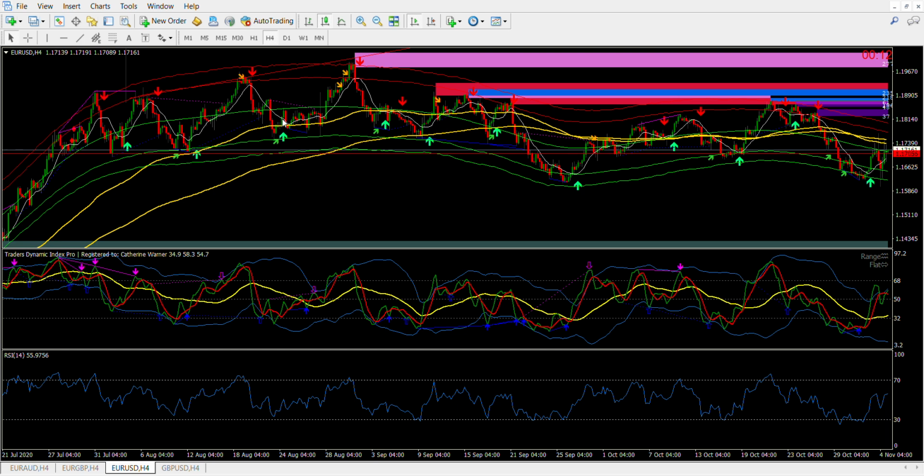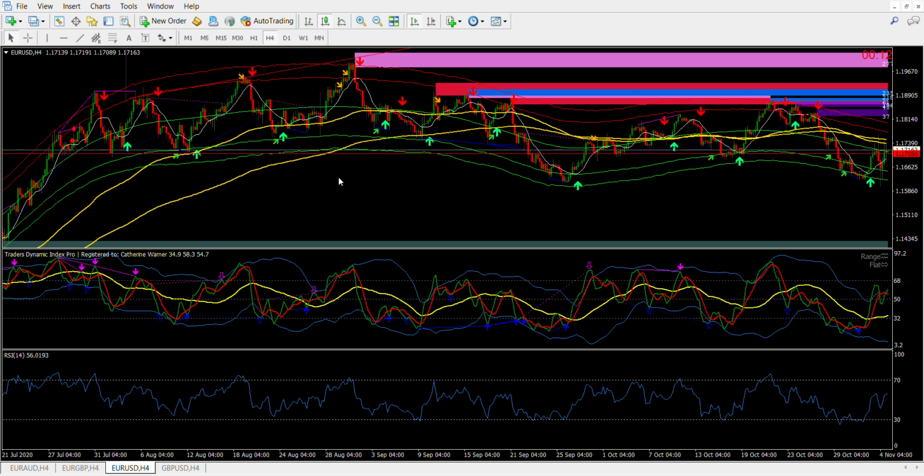For example, we have this signal here which satisfies our three conditions, and if you look at the RSI that I have added down here, we do see that price was in an overbought position. So this is a perfect sell signal.